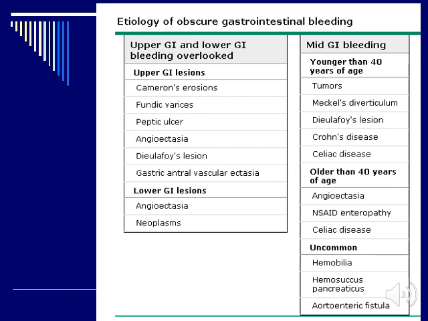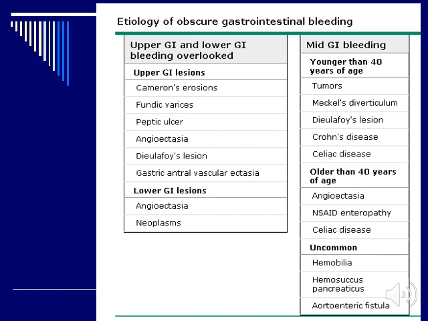For obscure GI bleeding, the source could be upper. Sometimes you miss a Cameron erosion, a small peptic ulcer, angiodysplasia, Dieulafoy, GAVE, or sometimes in the lower GI, angiodysplasia and neoplasm. For the mid-gut, if the patient is younger, Meckel's and then tumors. If the patient is above 40, angiodysplasia.